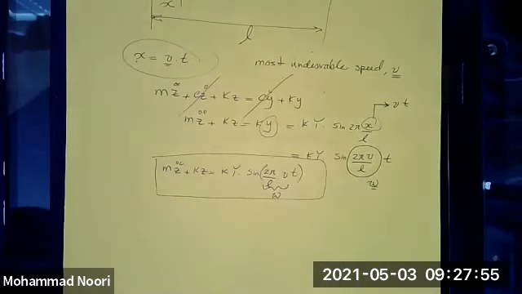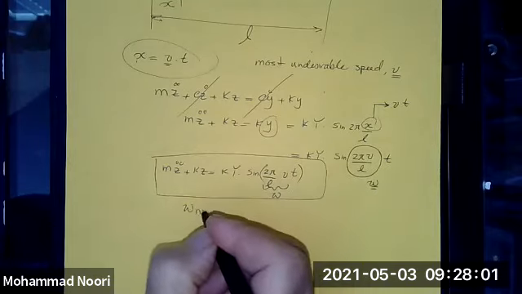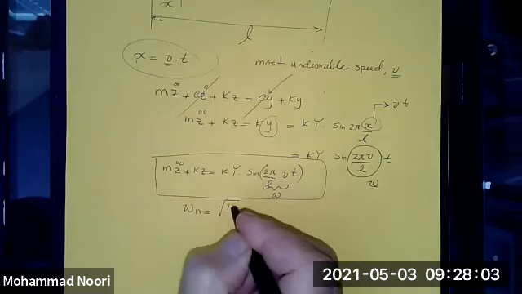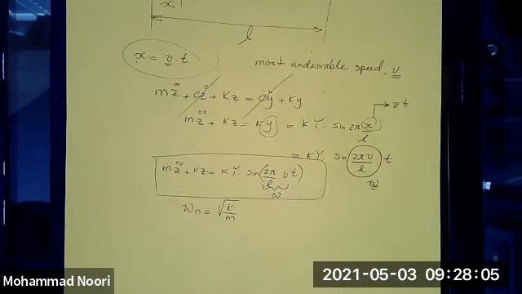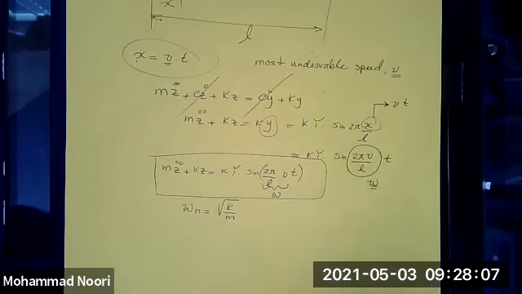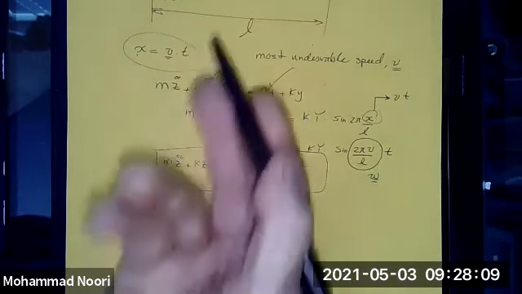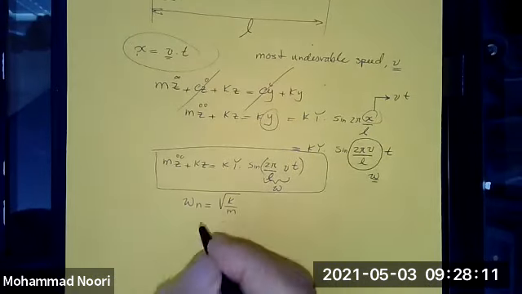Yep. So given this equation of motion, we want to find the most undesirable speed. So what is the natural frequency of this system? It's simply square root of k over m. What is the frequency of this oscillation due to this input displacement?